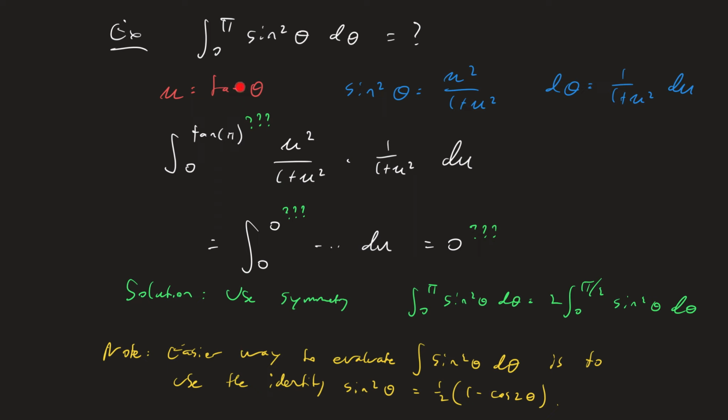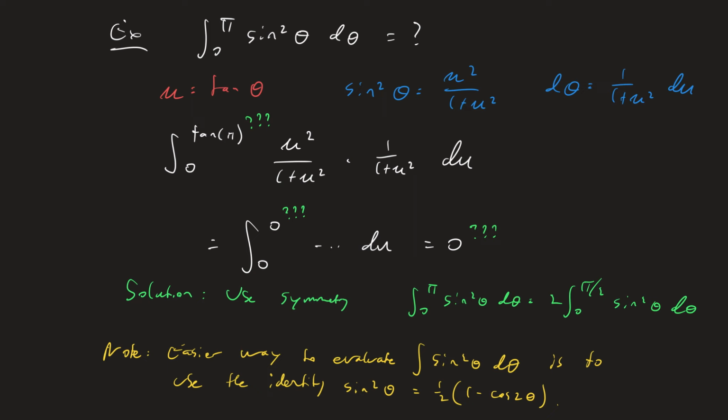If we were to naively substitute u equals tan theta into this integral equation here, we get limits of integration from 0 to tan of pi, which is again an integral from 0 to 0, so we get the wrong answer. How do we solve this?